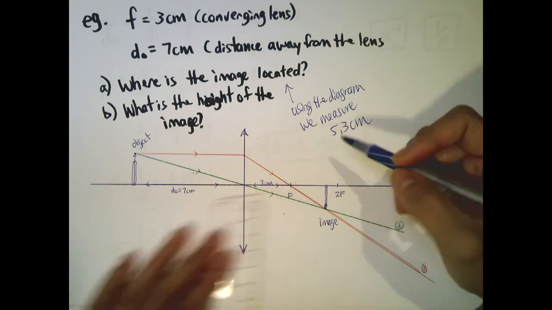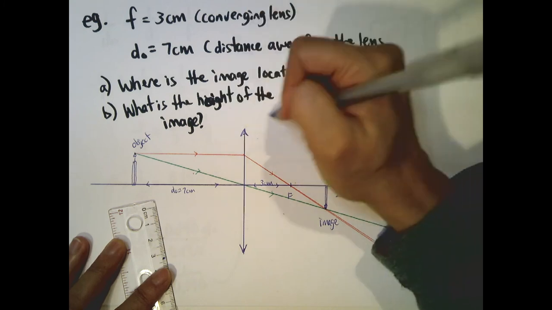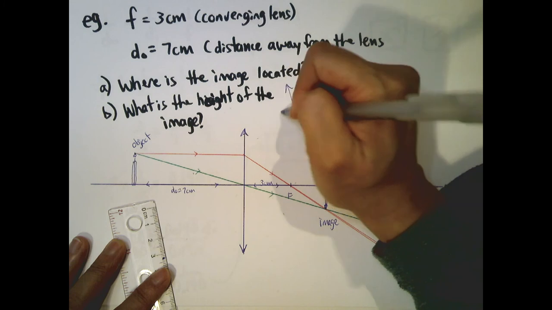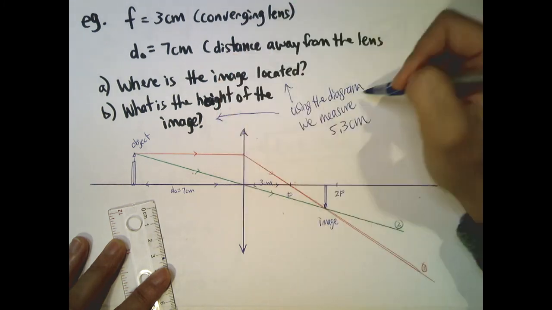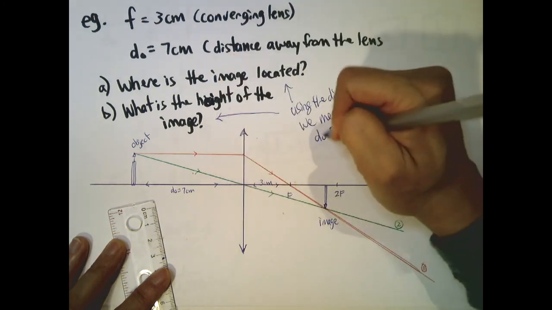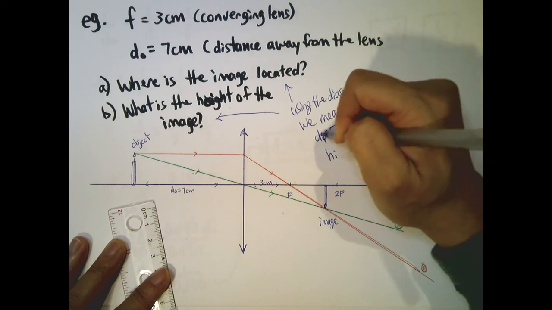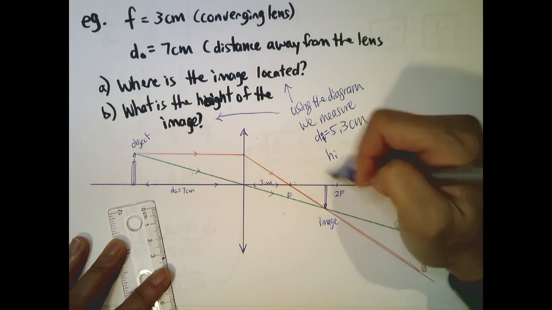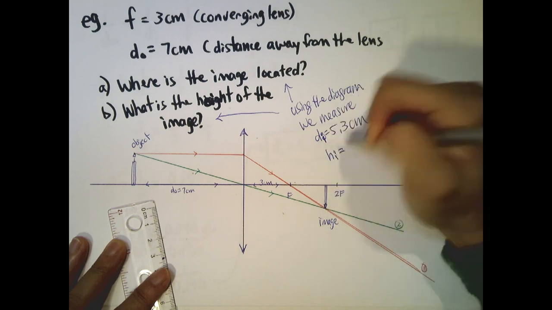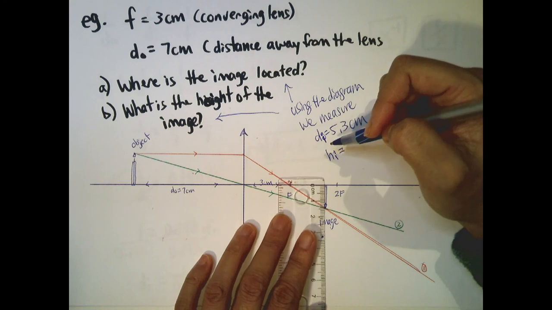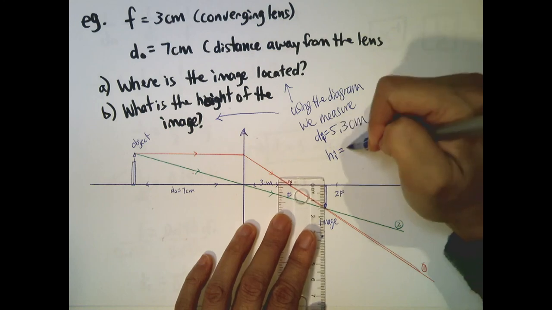Okay, 1.5. So here we're going to write using the diagram, and same with this one. We measure DO as this, and DI, the image. This is the image, and this here is HI, the height. Now in this case, the height is going to be negative.